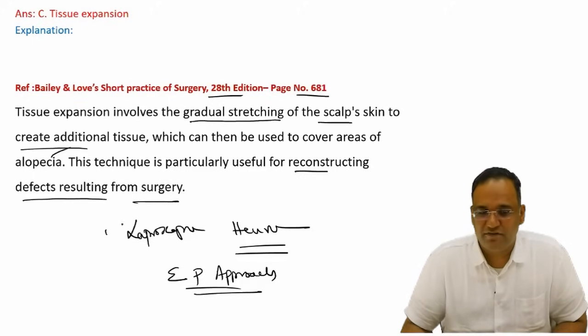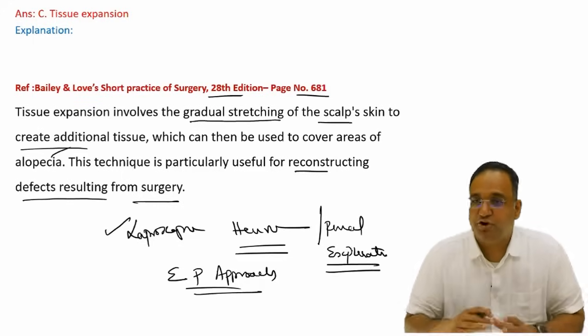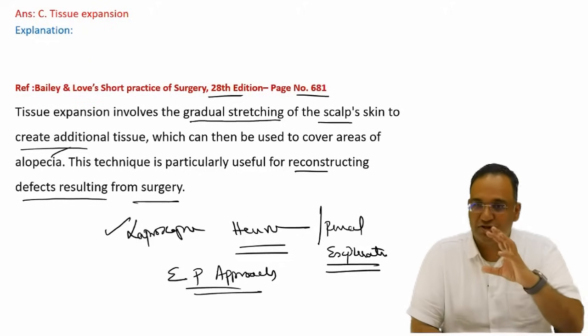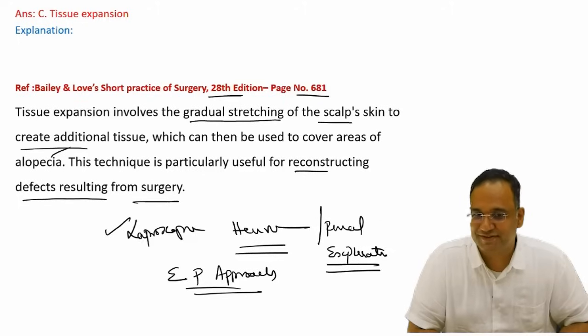It is even used for laparoscopic renal exploration. Use tissue expanders to create the space between the retroperitoneum and the kidney. So once you create the space, then you can do pyelolithotomy, nephrectomy and all those procedures.